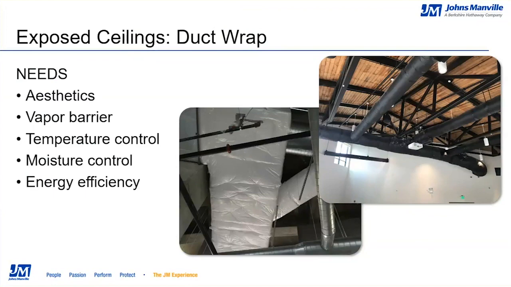With this type of duct wrap installed on the exterior of the exposed ductwork, system designers can use the insulation as a design aesthetic. Insulation on the exterior of the ductwork will help with temperature and moisture control and ultimately energy efficiency. When there is the potential for condensation, duct wrap serves a vital role in providing a vapor barrier.